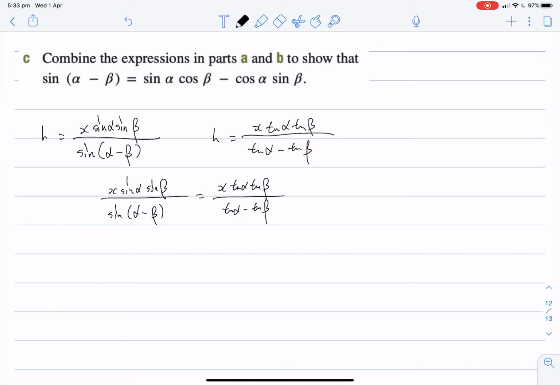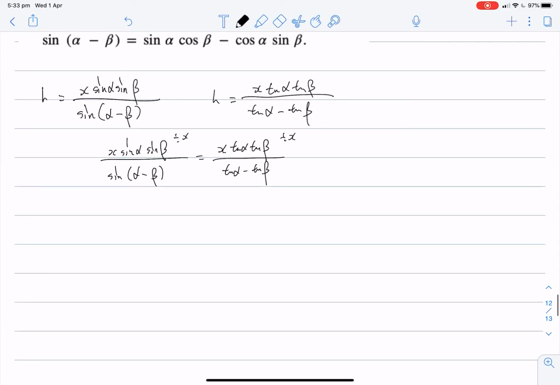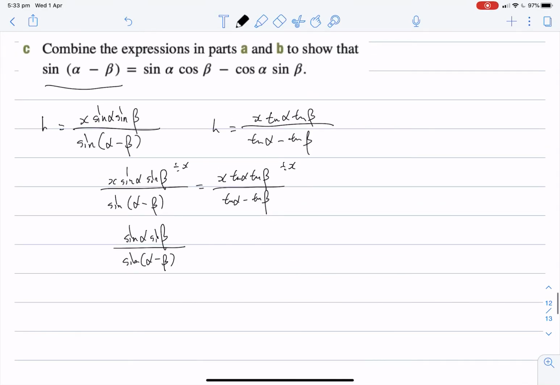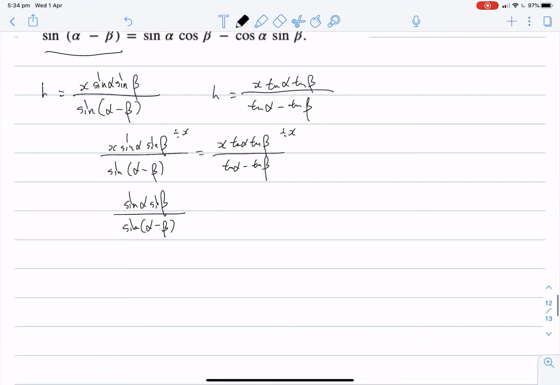Now one's tan, one is sine, a little bit hard to sort out, but we can divide both sides by x. So we've got sine alpha sine beta, and then sine alpha minus beta. Sine alpha minus beta needs to be the subject later, so we need to make sure of that.